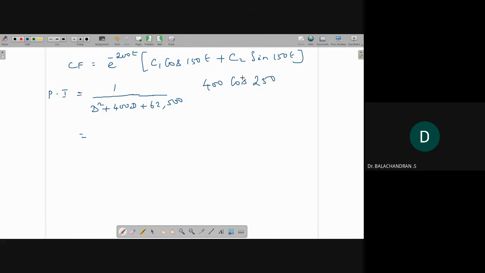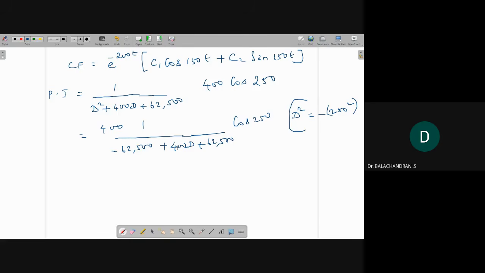Now here I should replace D square by minus a square, minus 250 square. So 400 into 1 by minus 62,500 plus 400D plus 62,500 into cos 250t.